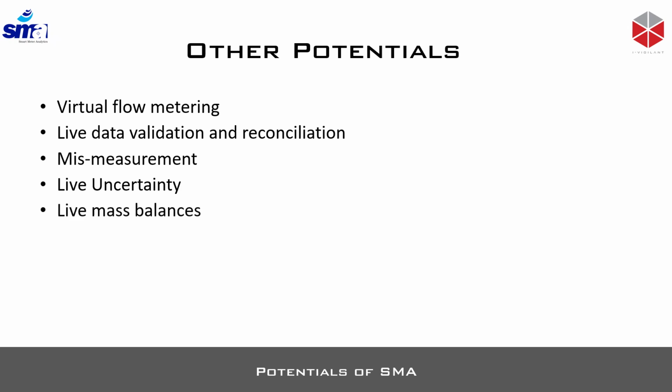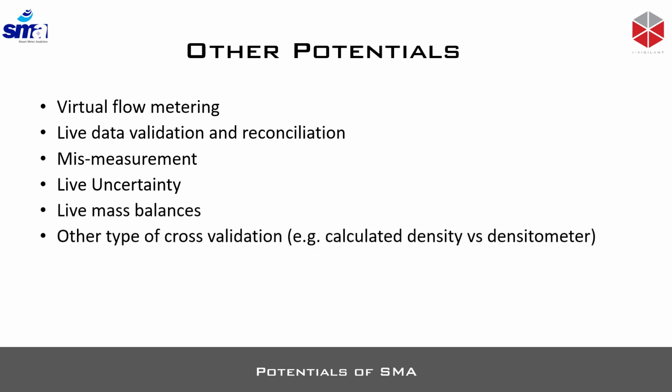We can perform live mass balances and any other type of cross-validation, for example, the calculated density versus the densitometer in a system that has a densitometer. For example, on an orifice system, it might be very useful to have a densitometer in there, and therefore we can perform a cross validation between the calculated density and the measured density.